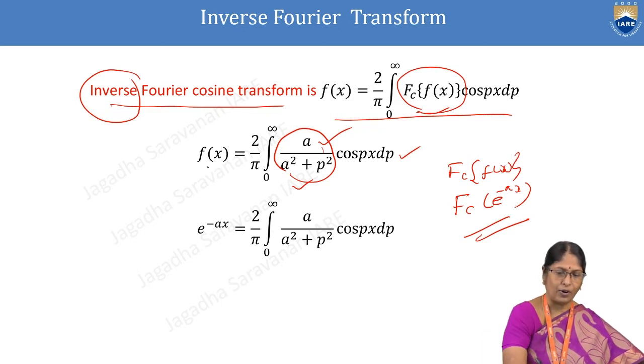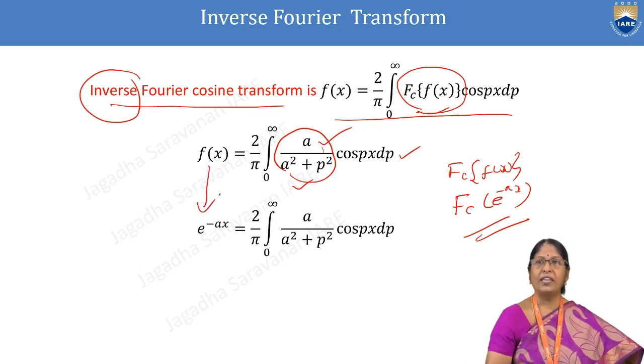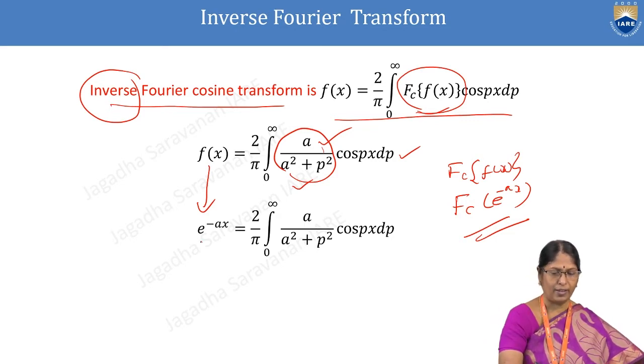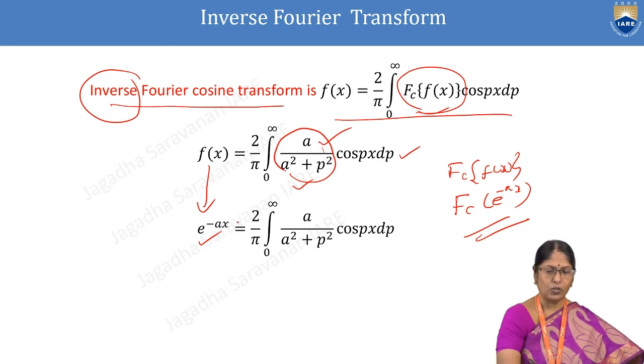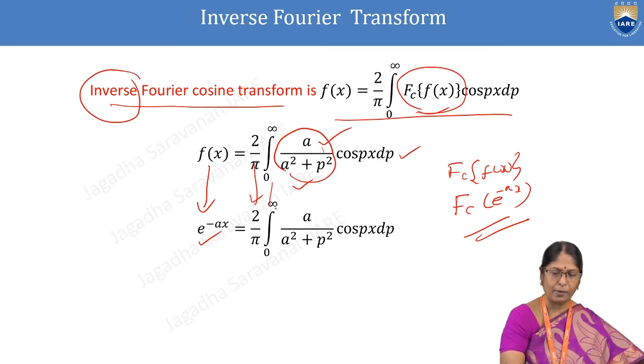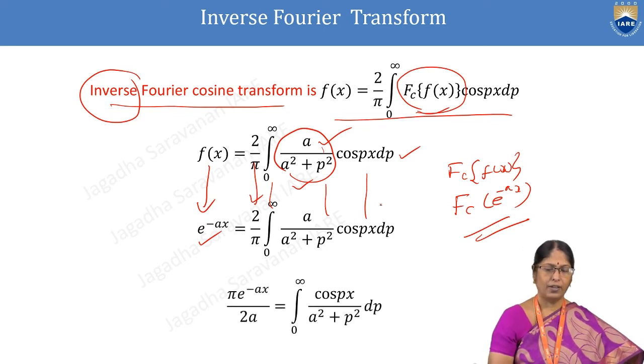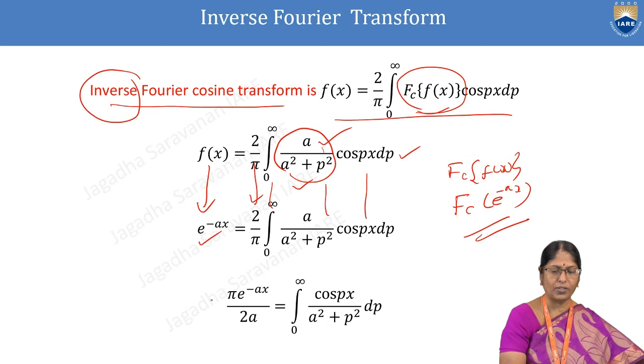Next, in our question the function is e power minus ax. That is only our f of x. This is our problem: the function is f of x equal to e power minus ax. It is written here. So 2 by pi as it is, remaining everything is written as it is. Next, the 2 by pi we brought to the left side, so it has become pi by 2.